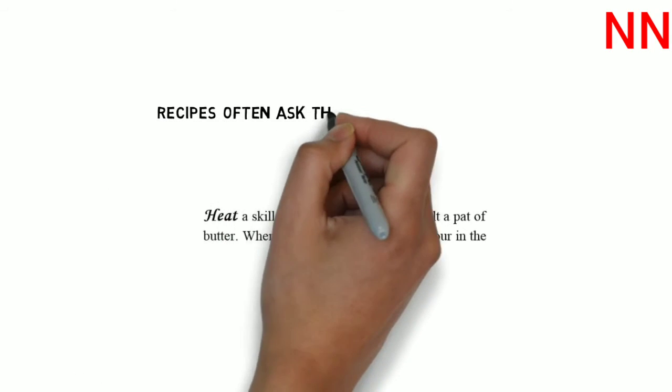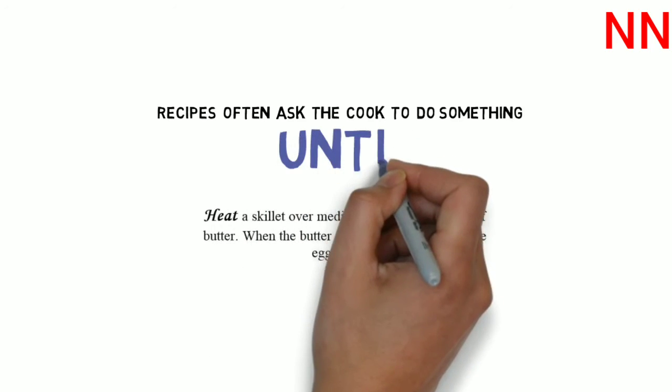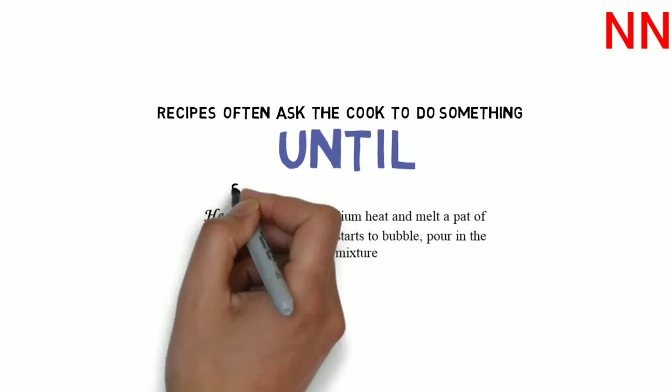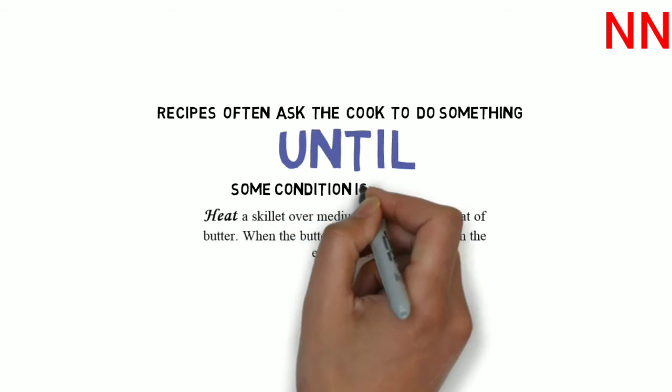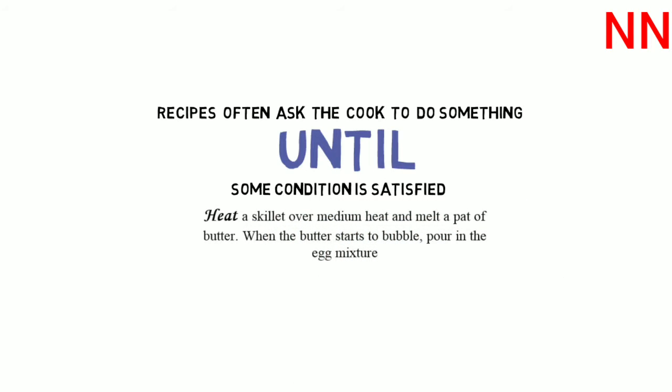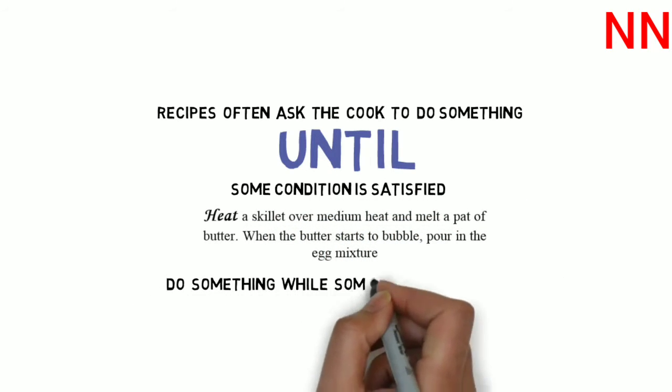Let's look at this next bit of the recipe, which tells us to heat some butter. As soon as the butter starts to bubble, we've got to pour in the egg mixture. This again is pretty common. Recipes often ask the cook to do something until a certain condition is satisfied or for every ingredient in a set of ingredients.